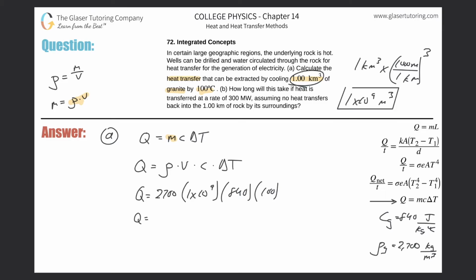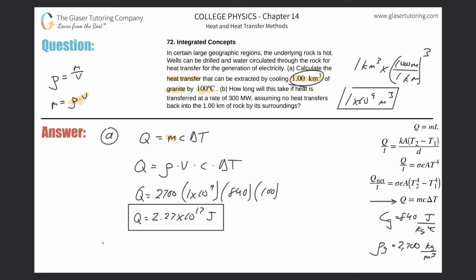We get a tremendously large value, 2.27 times 10 to the 17th, and that's in terms of joules. So that would be the amount of heat transfer that would be occurring.